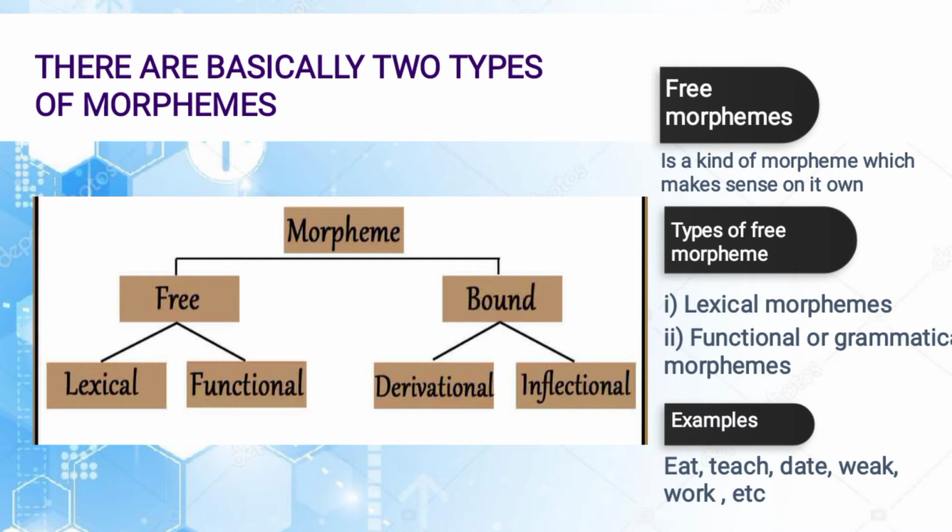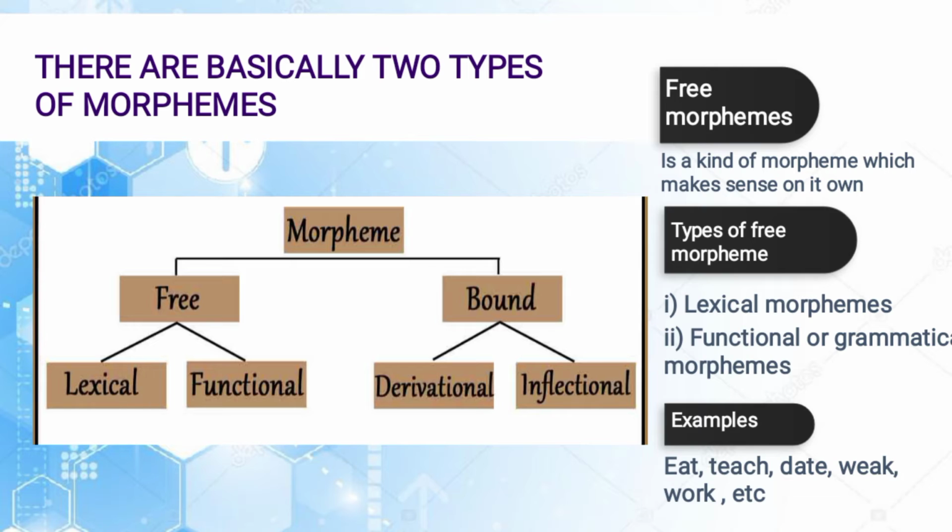So there are basically two types of morphemes, which are the free morphemes and the bound morphemes. Under the free morphemes, we have lexical and functional. Under the bound morphemes, we have the derivational and the inflectional. So when we talk about free morphemes, a free morpheme is a kind of morpheme which makes sense on its own. So the free morphemes can stand by themselves and tell us something about the word.